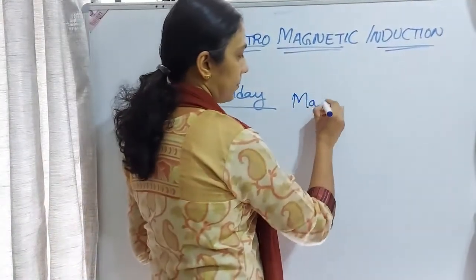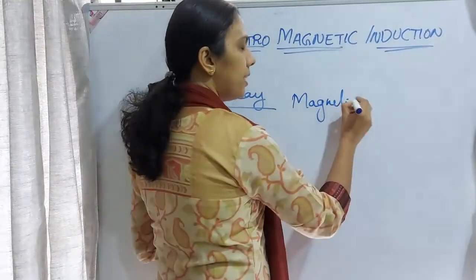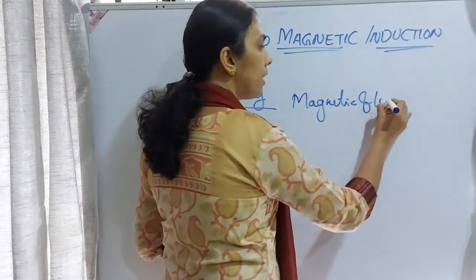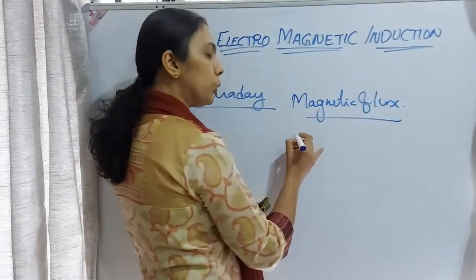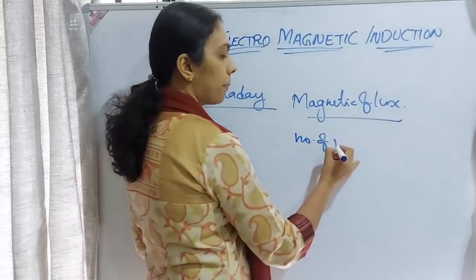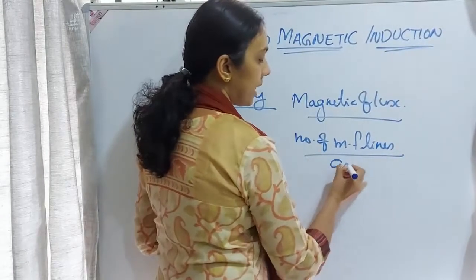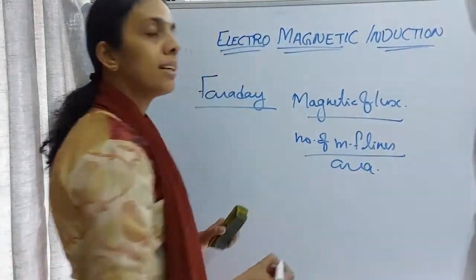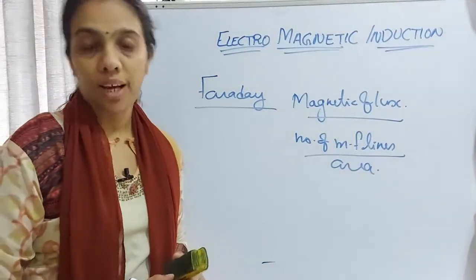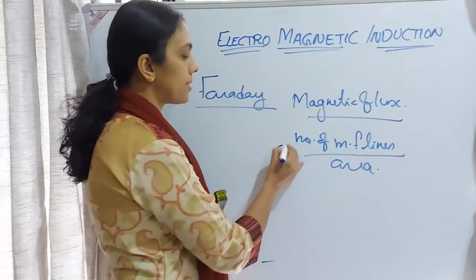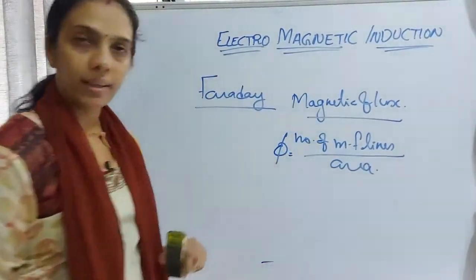Magnetic flux. The number of magnetic field lines per unit area, that is called magnetic flux. Magnetic flux is represented by the letter phi.